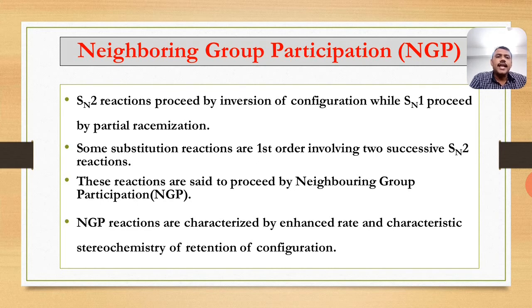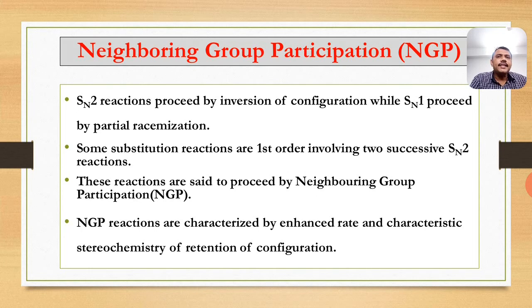Some substitution reactions are first order involving two successive SN2 reactions. Those reactions are said to be neighboring group participation, or NGP, or anchimeric type of reaction. Neighboring group participation is an intramolecular effect temporarily exerted by an adjacent group, which directly participates by moving within bonding distance of the reaction center.